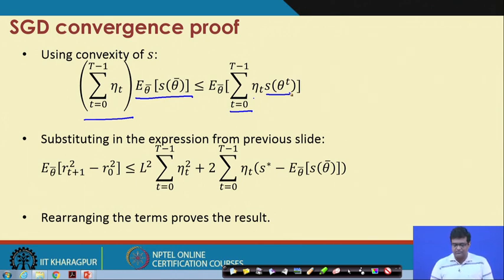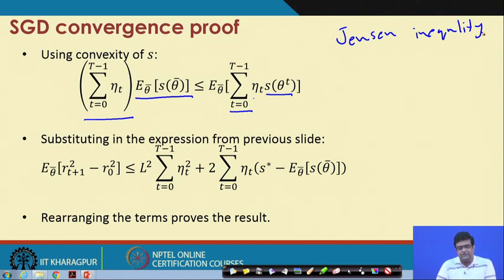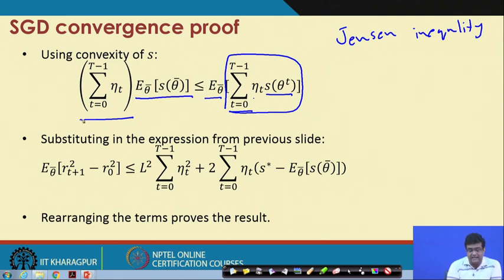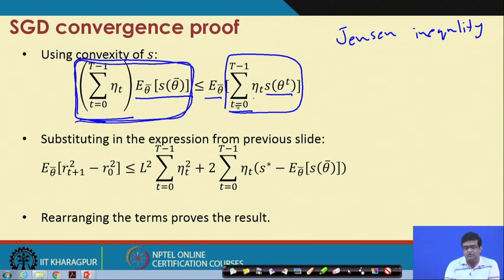This comes because of an inequality which is sometimes also called Jensen's inequality. It says roughly that expectation is a linear operator, and if you take the convex combination of a function of numbers, it is always going to be lower than the function of the convex combination.